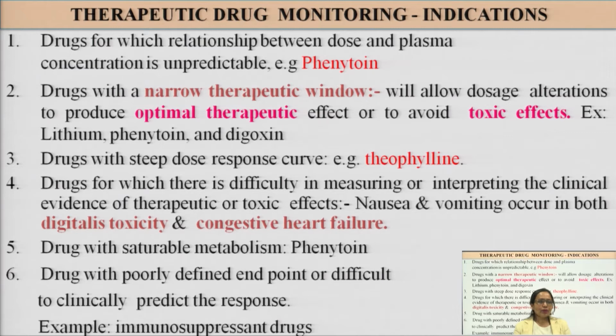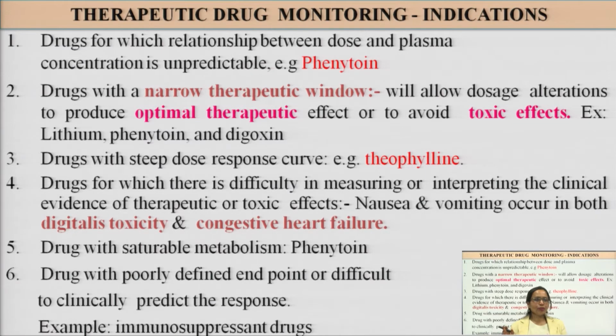Then drugs with saturable metabolism, like phenytoin, are also an indication for TDM. Then drugs with a poorly defined endpoint or where it is difficult to clinically predict the response, for example immunosuppressant drugs.